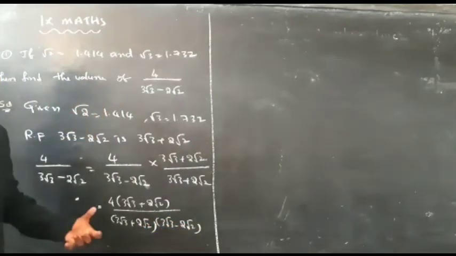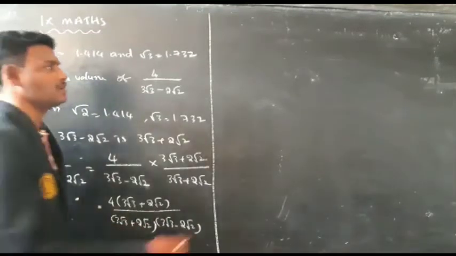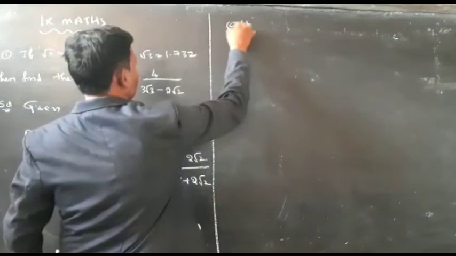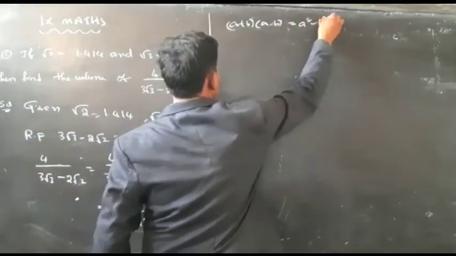So clearly observe here, denominator is in the form of a plus b into a minus b. A plus b into a minus b is equal to a square minus b square.